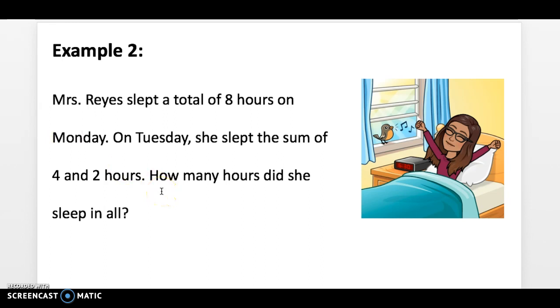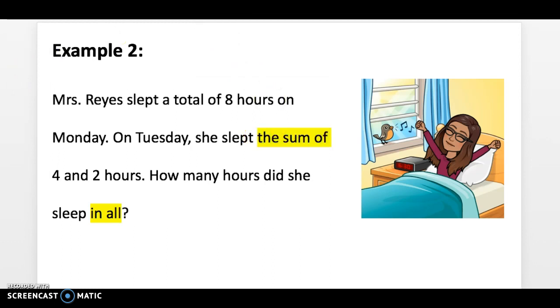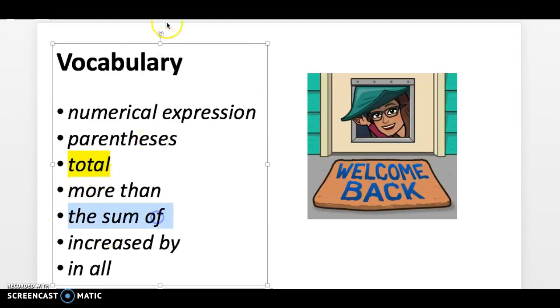Let's pull out the information that we need in order to solve this problem. Think about our vocabulary. We have seen in all, and we have seen the sum of. In our vocabulary, we have the sum of, and we have in all.